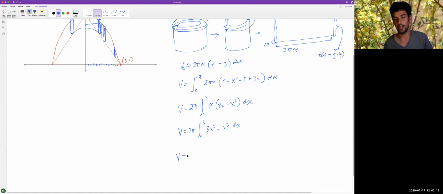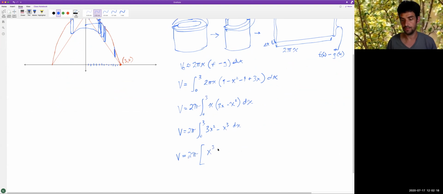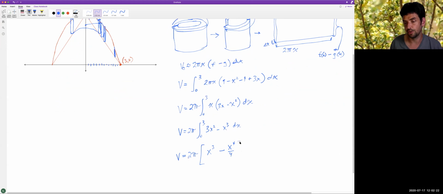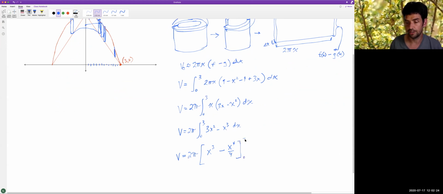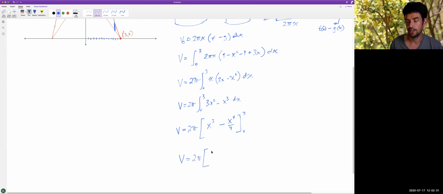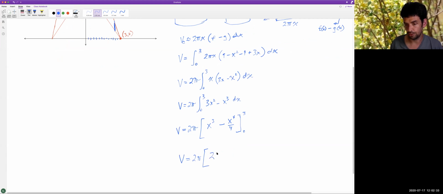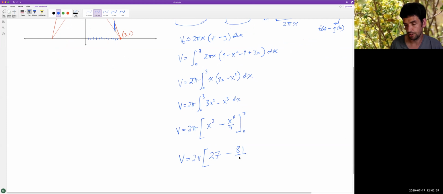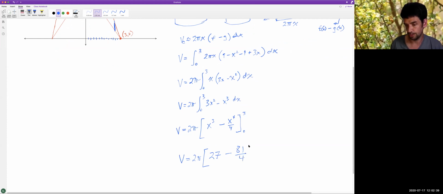And then we'll take antiderivatives. All right, what do we get? So we'll have x cubed minus x to the 4th over 4, evaluated from 0 to 3, times 2 pi. 3 cubed is 27, 3 to the 4th is 81 over 4.